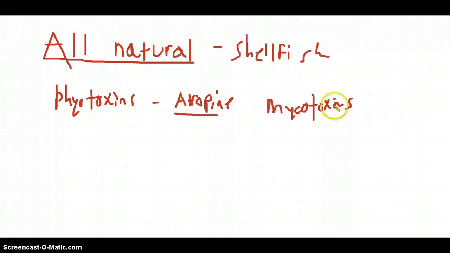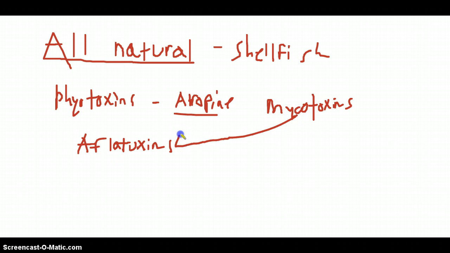And then you have your aflatoxins. Now, aflatoxins are typically a more specific group of mycotoxins, and they're produced from common molds that can cause liver cancer, and it's a general problem for developing countries because they can't properly store their food.